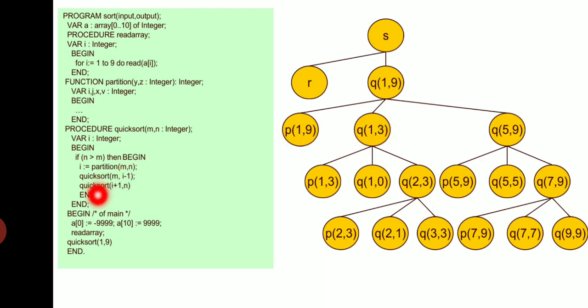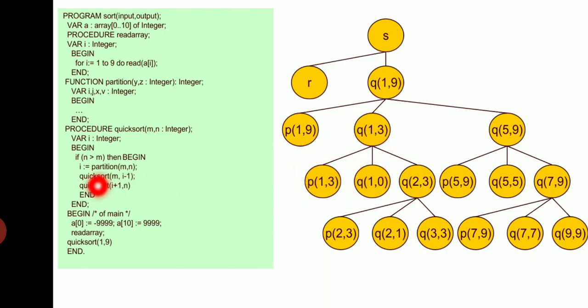Then the next statement is also quicksort, that will be invoked. But inside this quicksort we can see that the arguments are m comma i minus 1, where i is the return value of the partition function. Here we are passing 1 and 9 as arguments for quicksort, and it will be invoking the partition function with 1 and 9 as arguments, and it will be returning some value.